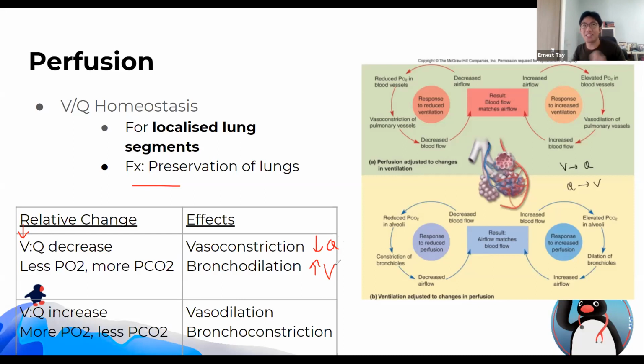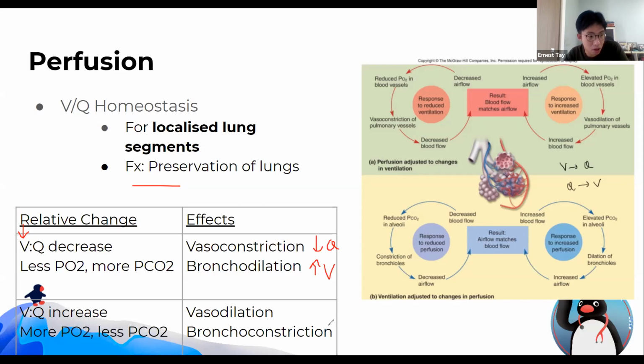And what that essentially means is that eventually that segment of the lung will become dead because there's low Q and therefore no blood going into that segment of the lung. And I guess the converse is true as well, so you can work it out yourself. And that is the clinical relevance of all of this.